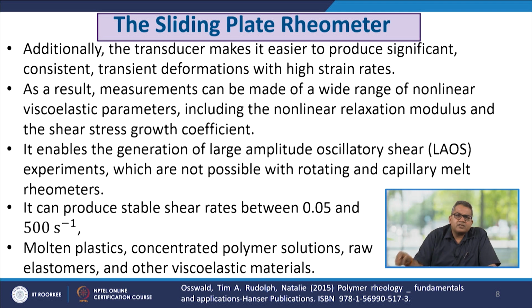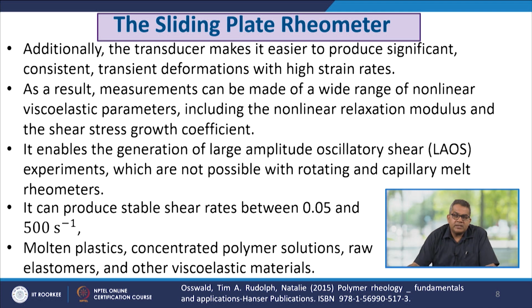As a result, measurements can be made of a wide range of nonlinear viscoelastic parameters, including the nonlinear relaxation modulus and the shear stress growth coefficient. So, it enables the generation of large amplitude oscillatory shear, which was not possible with the rotating and capillary melt rheometers.